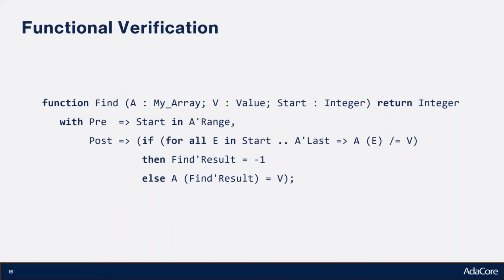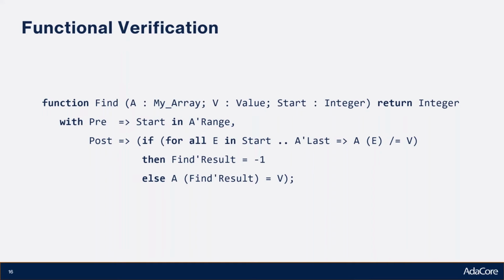Now, let me translate that postcondition to English, all right? I'll just read it in English. So if looking at all of the elements in this array, from the given start to the end of the array, the value we're looking for doesn't exist, then find'Result equals -1.